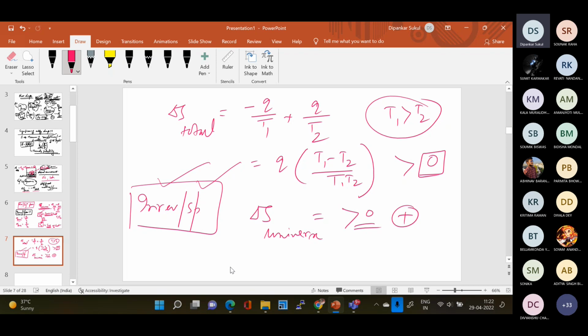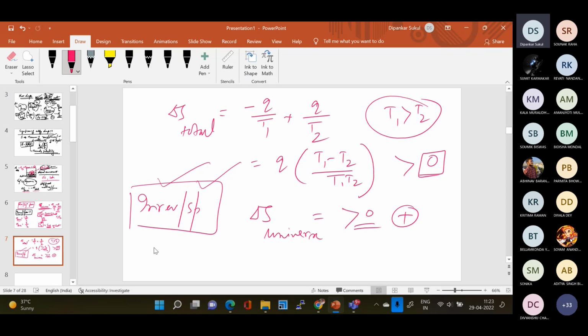Just like water flows spontaneously from higher altitude to lower altitude. It is a spontaneous process. And during that process, the entropy of the universe is increasing. And as you know, all the natural processes occurring in the universe are spontaneous in nature.